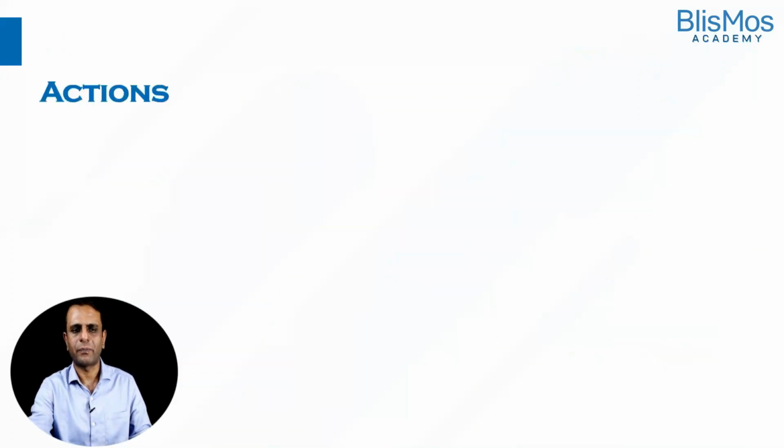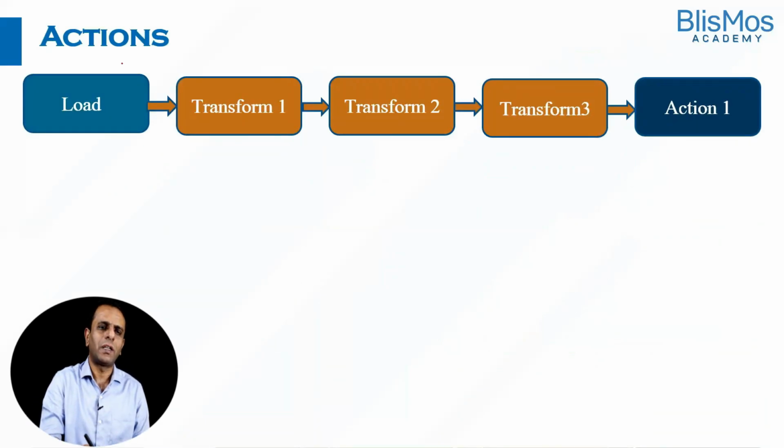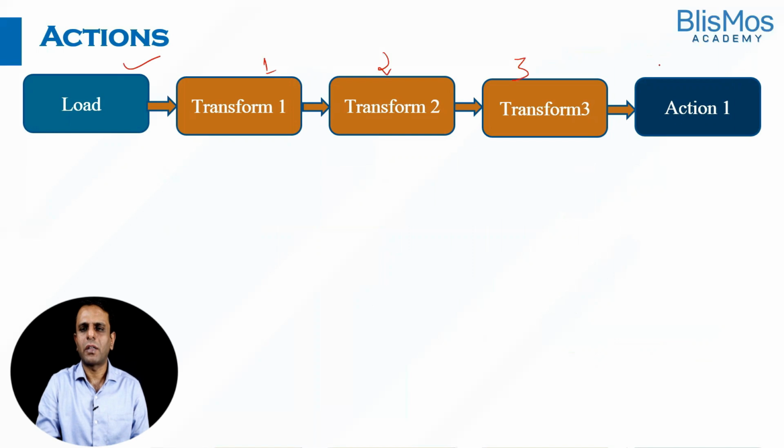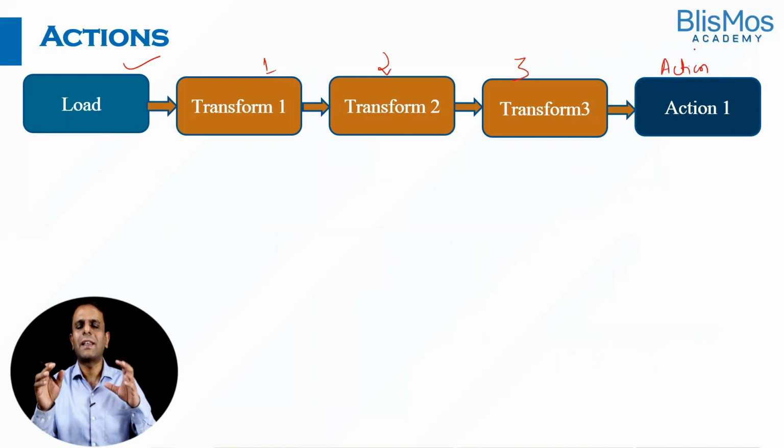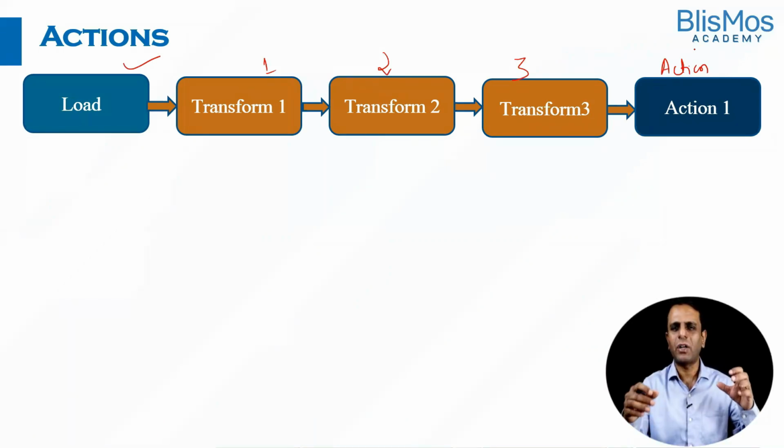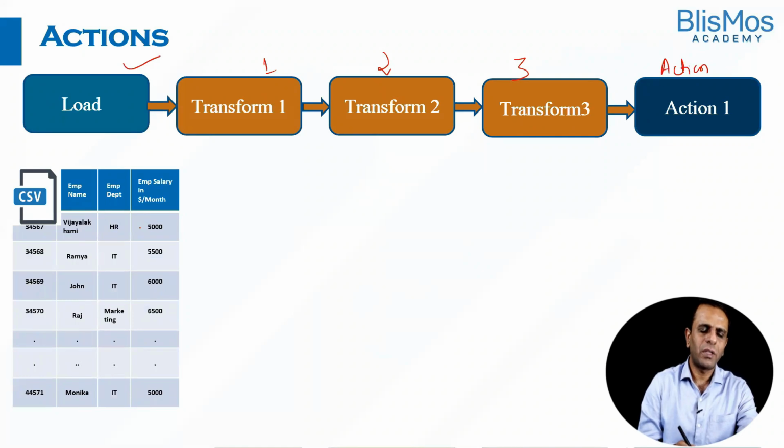Let us take an example here. Assuming that you are loading the data from an external file into the data frame, and we have first transformation, second transformation, third transformation, and also at the end there is an action. Let us take a real life example for this, and try to understand how exactly this works. In this case, assuming that you have a large employee table with 4 columns: employee ID, employee name, employee department, employee salary.